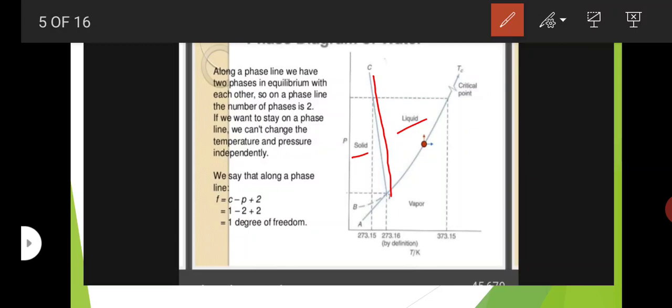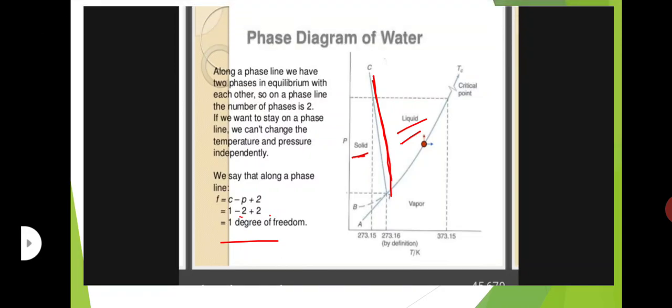Along this equilibrium line, phases are 2, solid and liquid. So 1 minus 2 plus 2, that is minus 1 plus 2, which is 1. So 1 degree of freedom along the line.